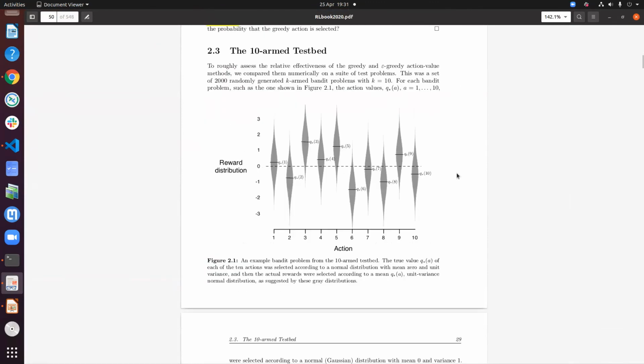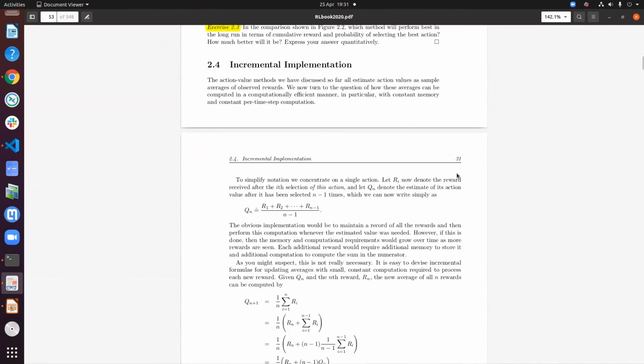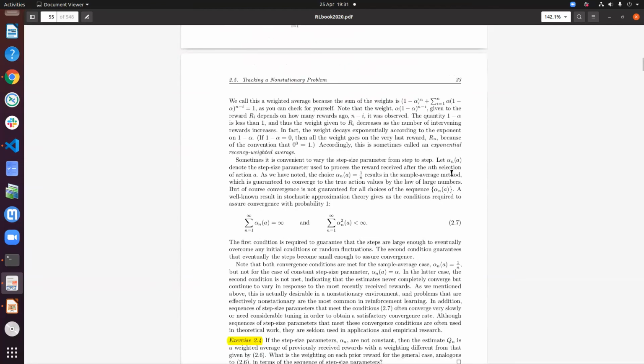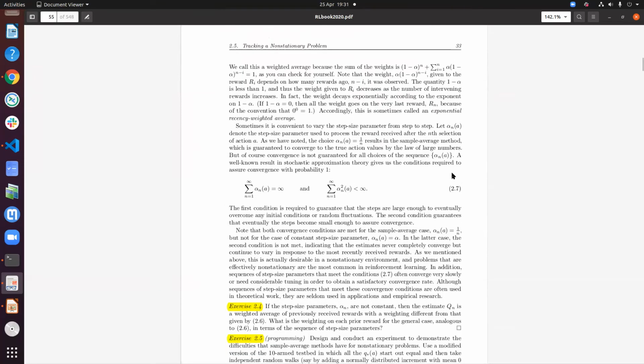The first condition, as you said, is required to guarantee that the steps are large enough to overcome any initial conditions, local optima, or random fluctuations that happen.